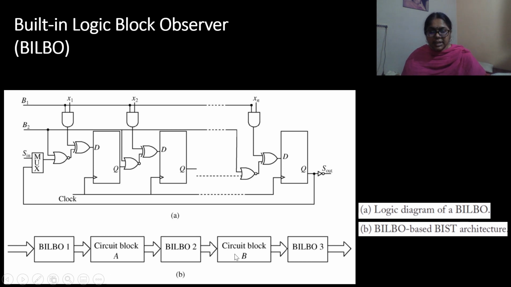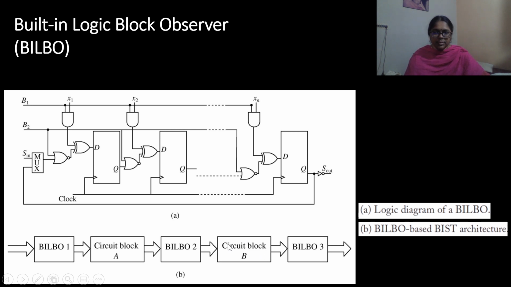This figure shows a BILBO-based BIST architecture for two cascaded circuit blocks A and B. BILBO 1 in this structure is configured as a pseudo-random pattern generator, the outputs of which are applied as test inputs to the circuit block A. And BILBO 2 is configured as a parallel signature register and receives the inputs from the circuit block A. That is, the output of the circuit block A is given as input to BILBO 2, so that output analysis takes place.